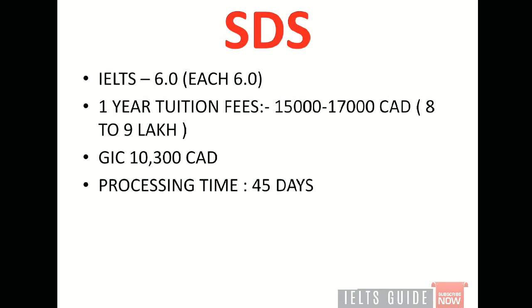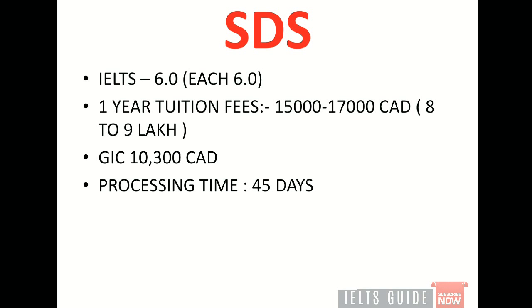Okay, so SDS is study direct stream. In this, there are some criteria you have to meet to apply. There is a threshold: you must have at least 6.0 band in the IELTS examination, and you should not have less than 6.0 band in each section.